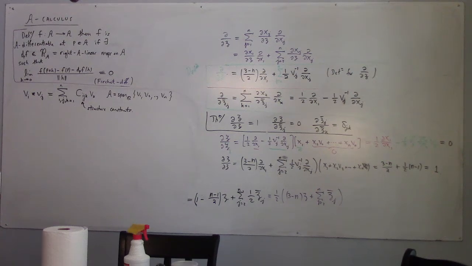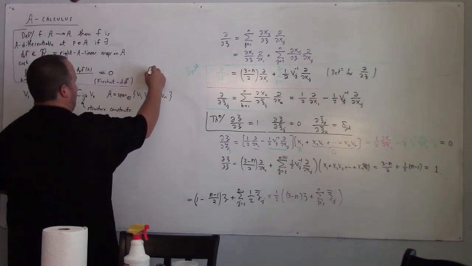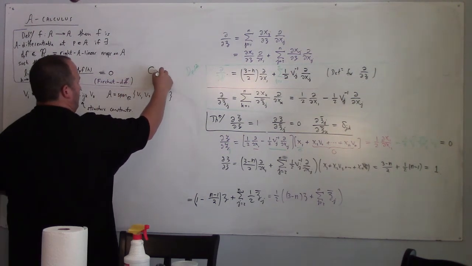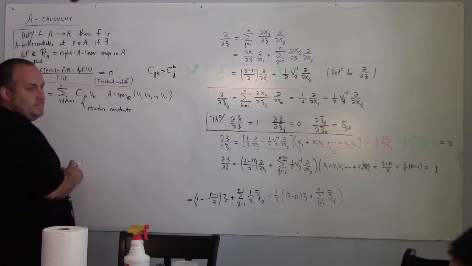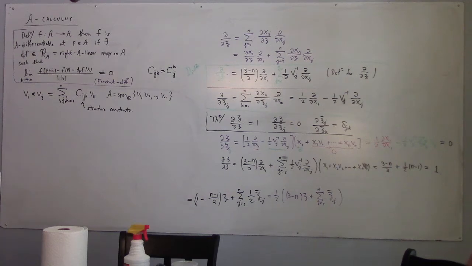So theorem 6.5 says that we can characterize differentiability in terms of, oh man, I put the k up here, didn't I? Yeah, you did. Well, so this, yeah, sorry about that. So Cijk is Cijk. That was just a formatting thing.